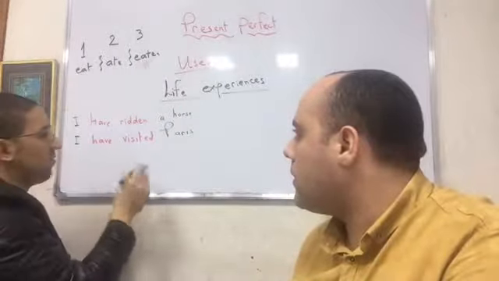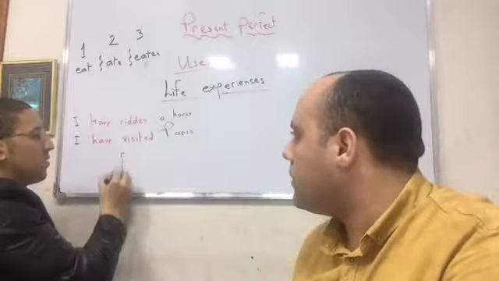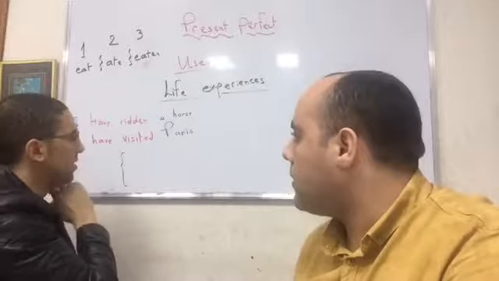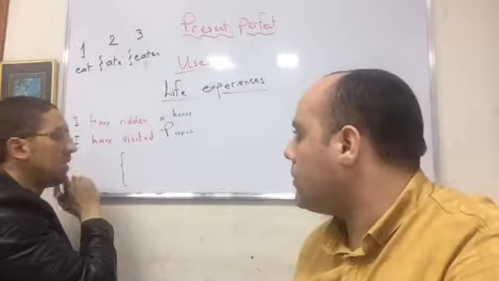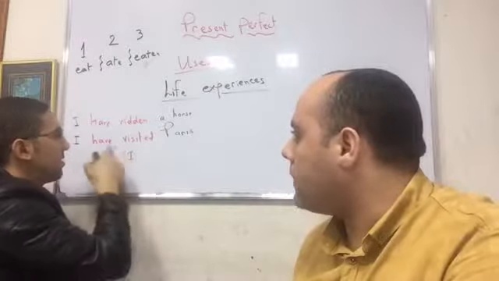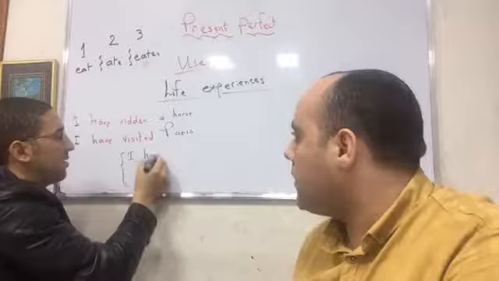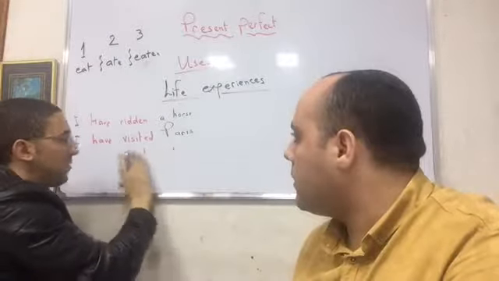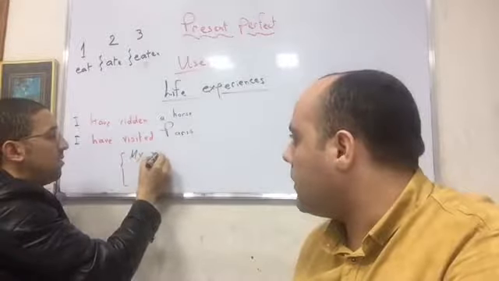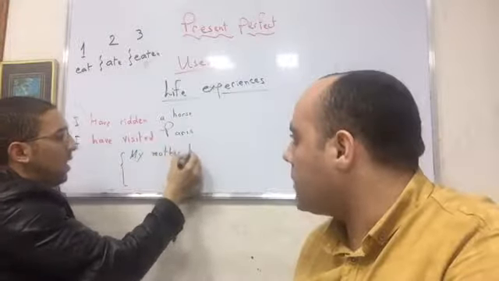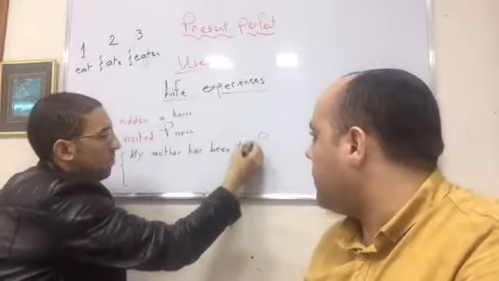Of course, now we're going to give examples with go and be, just to show them the difference between saying I've been and I've gone. I can say that I've been to Paris. Let's say my mother has been to Paris.